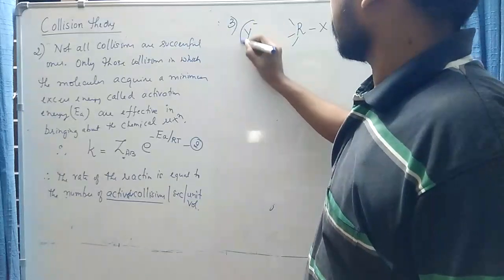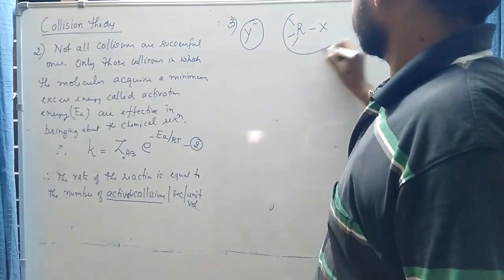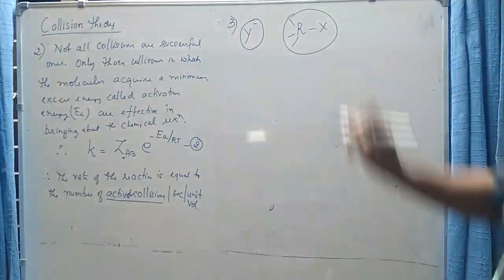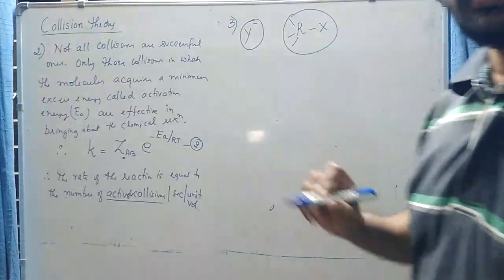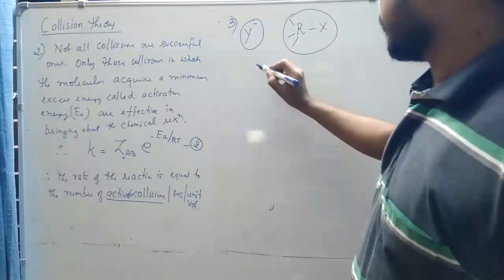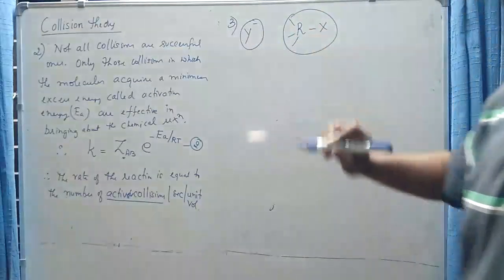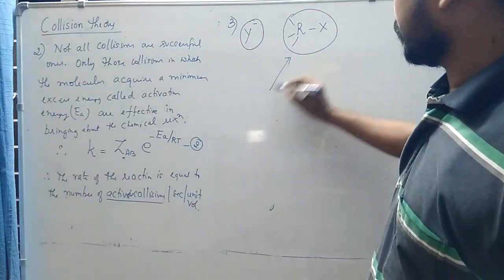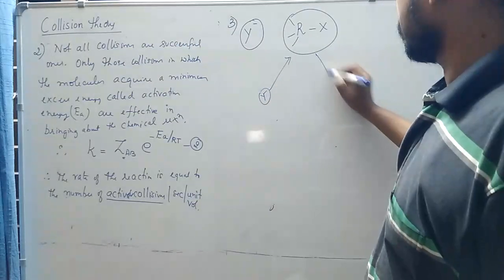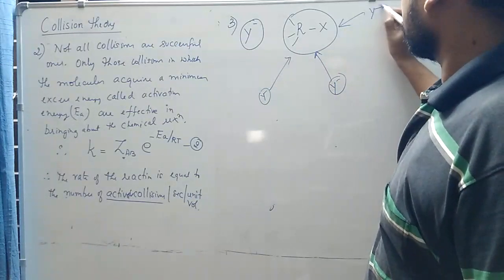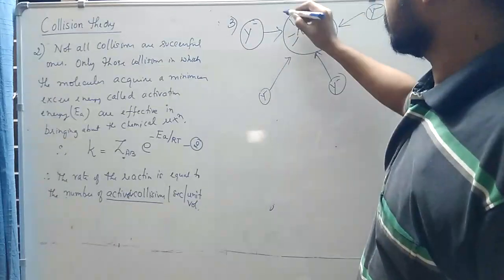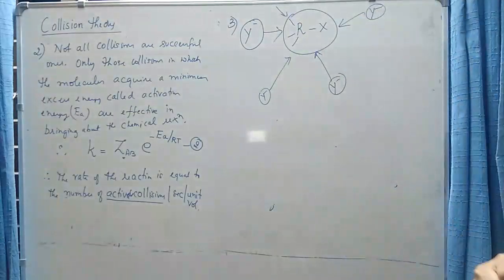Let us assume that these two are rigid spheres, sphere-like structures. Now this attacking nucleophile may attack the substrate from any direction. Y minus can attack from this direction, or from this direction, or from this direction, or from this direction.